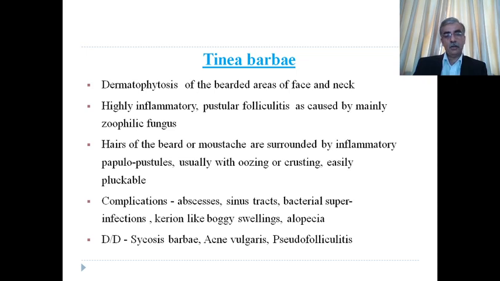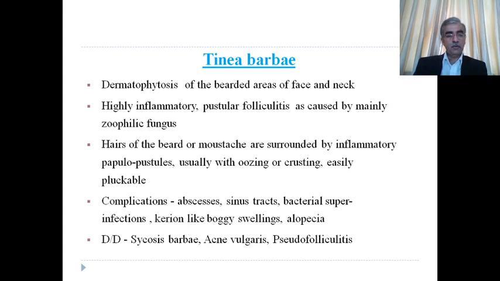The hair of the beard and mustache area is involved with pustules and papules, with oozing of pus and crusting, and the hair is easily pluckable. Sometimes there may be complications in the form of abscess formation, sinus tract formation, bacterial superinfection, kerion-like boggy swelling, and ultimately there can be hair loss. So alopecia can result if they are not properly diagnosed and properly treated.